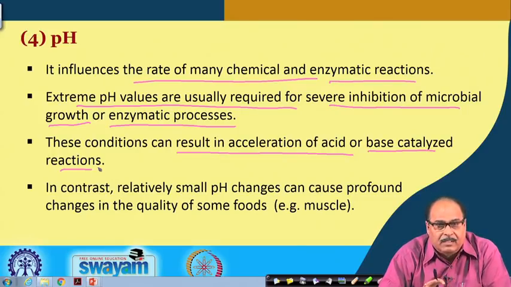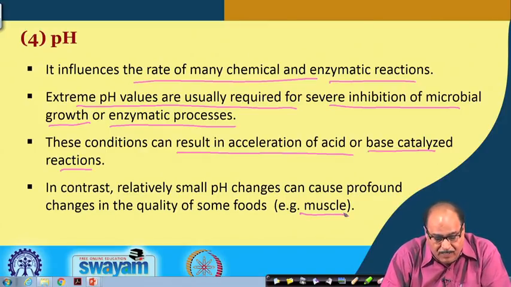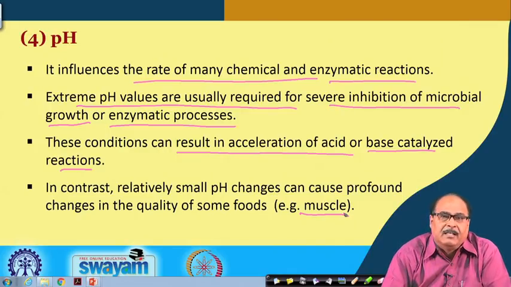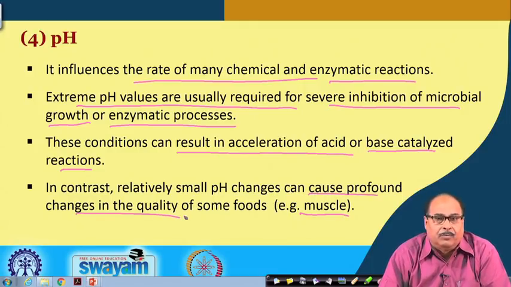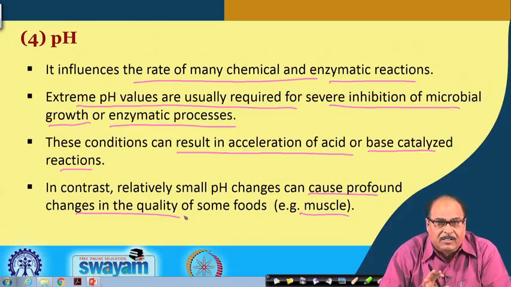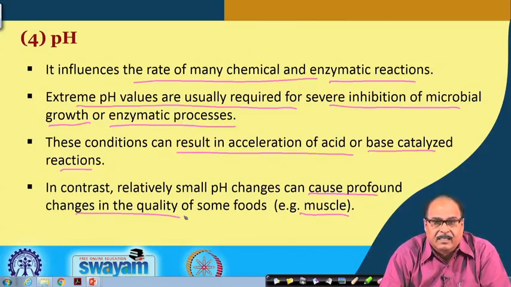In contrast to this, there are various examples, like in the case of mussel or some other foods, where even small changes in the pH can cause profound change in the quality of the food. The change of pH of the mussel post slaughter changes its textural and sensory characteristics, and even an increase or decrease in the pH of the food might increase or decrease the taste of the food.